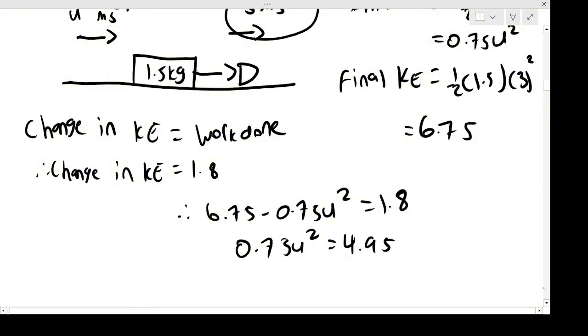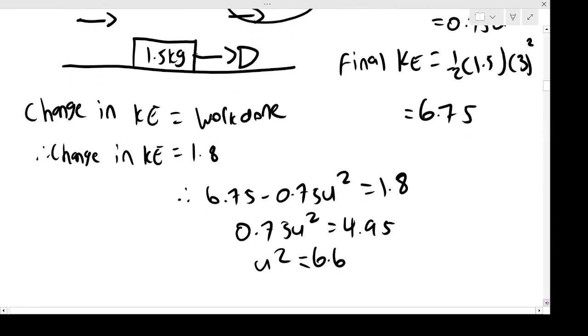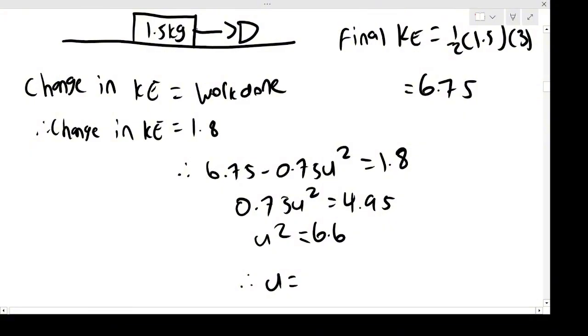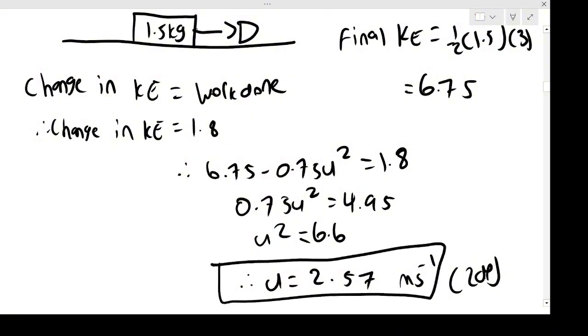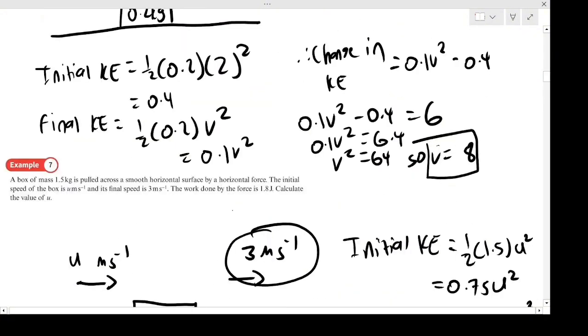Then divide by 0.75, so u squared is 6.6. Therefore, if we square root that, u is root 6.6, which is 2.57 meters per second. It's a speed, at two decimal places. And so there we are. That is u.